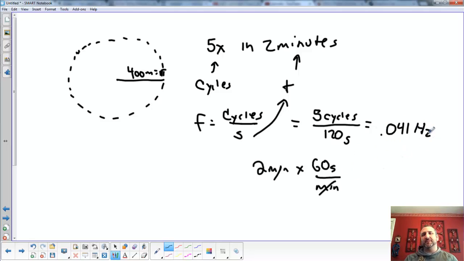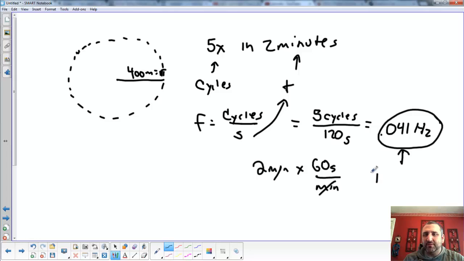And this is the big deal: we don't usually talk about frequency when things are bigger than a second, because you get a very small number, just like we don't talk about periods that are smaller than a second. So that's nice, 0.041 hertz, but we need to get that into seconds so we can have a period.